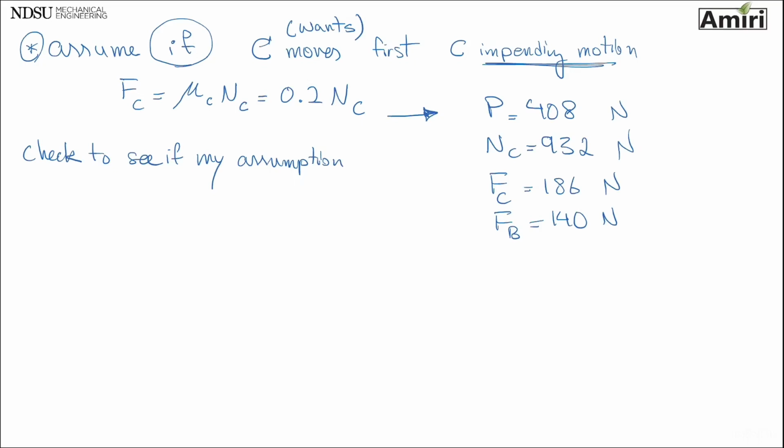And here's how you can check it. If B moves first, before point C, that means force FB would have been mu B NB.